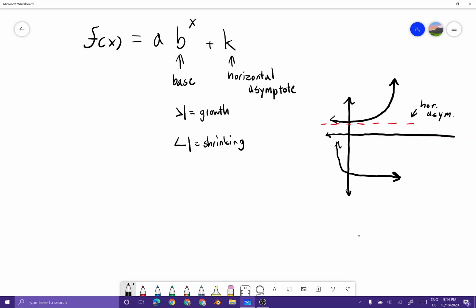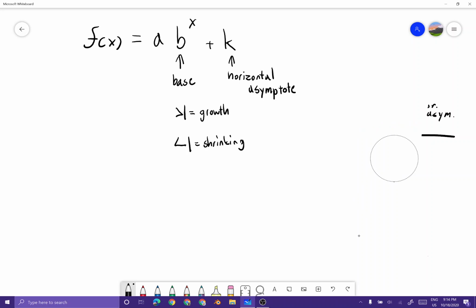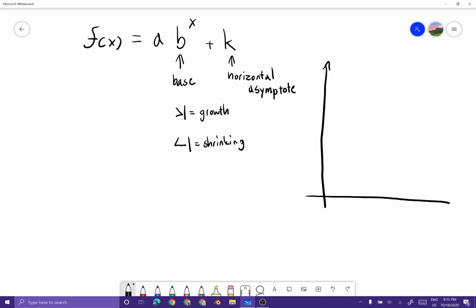A here is unique. So let me get a bigger graph here. Here's your y-axis. That's not a straight line, but don't mind that. I hope you don't mind that. If it bothers you, I'm so sorry. Let's say that this line crosses like this. This right here is your y-intercept.